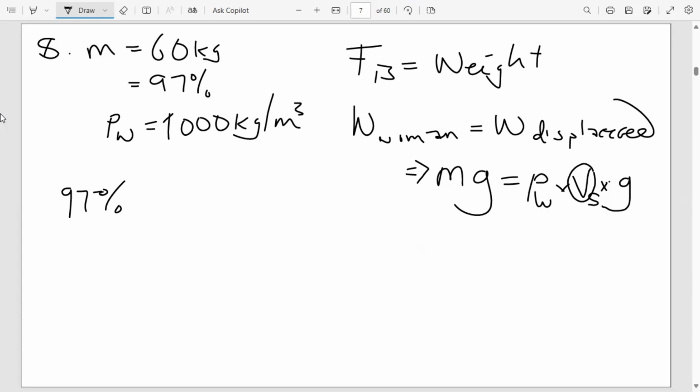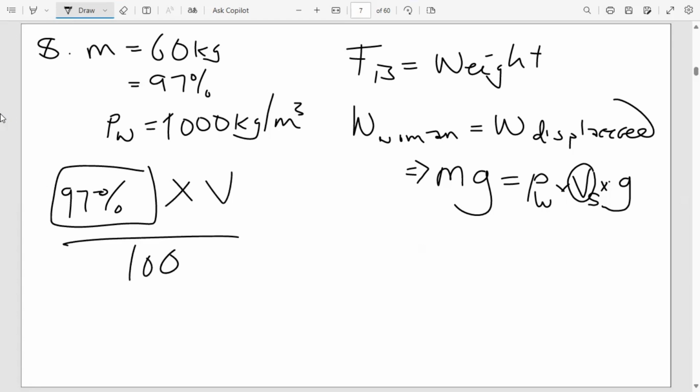So we're going to say this number multiplied by the volume of the woman divided by 100%, since we're using percentages here. So that means the volume is 0.97 V. This is the volume of the woman that is submerged, where V is the total volume of the body. As simple as that.